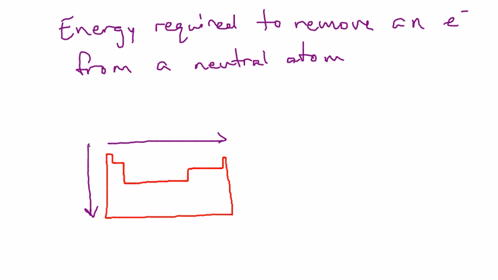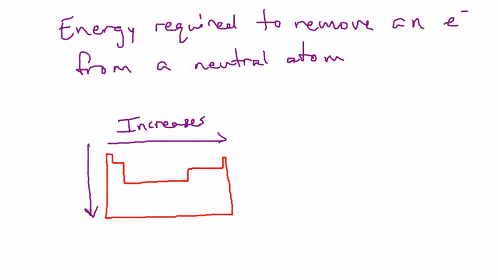The trend as you move from left to right, the ionization energy increases. The further right we go, the more they want to hold on to those electrons. Nonmetals really don't want to get rid of their electrons. They hate that. As we move down the periodic table, this actually gets easier.